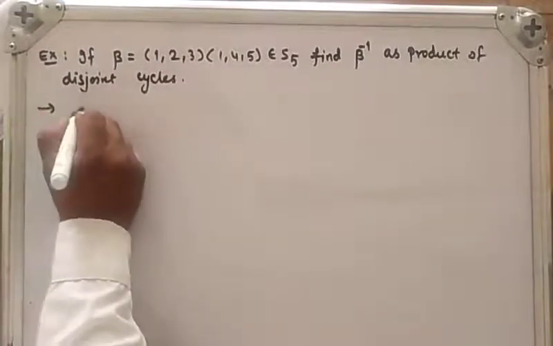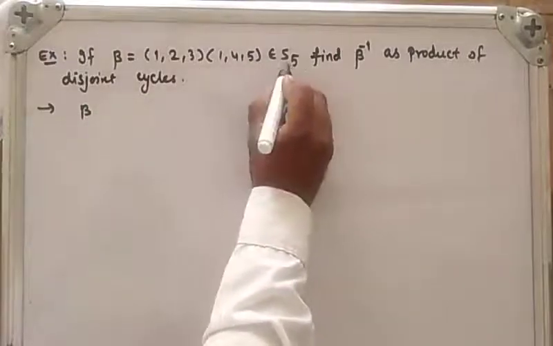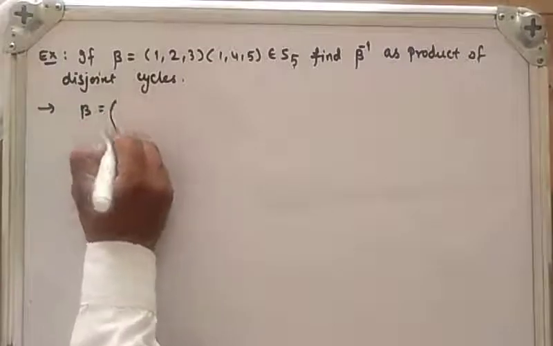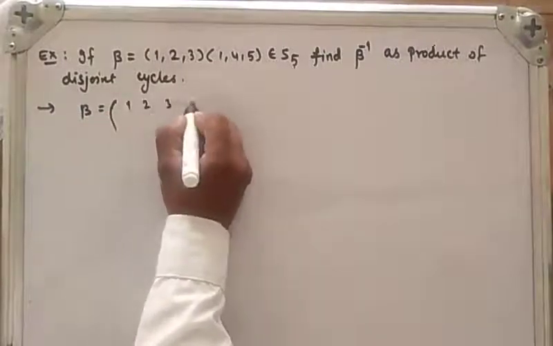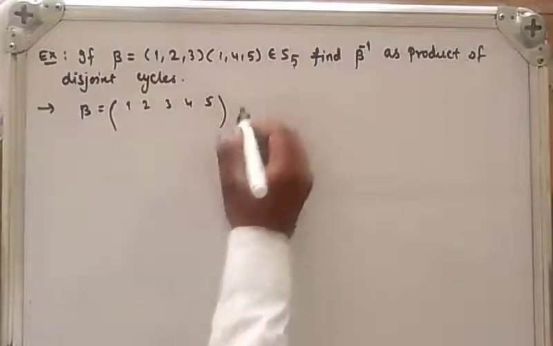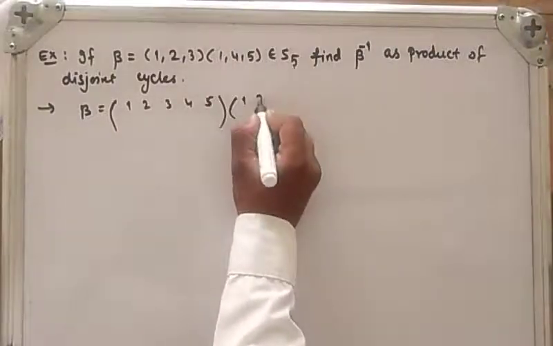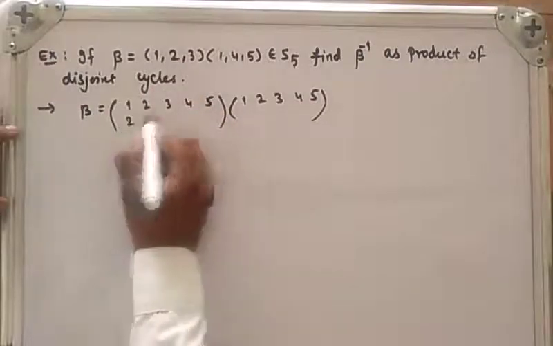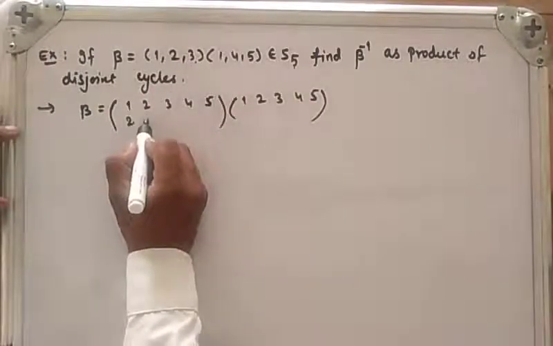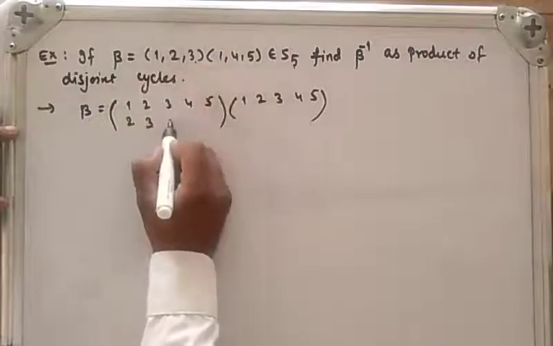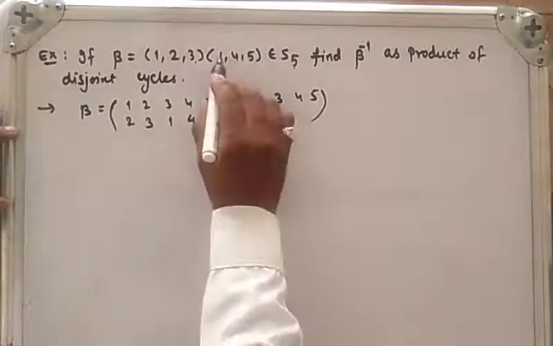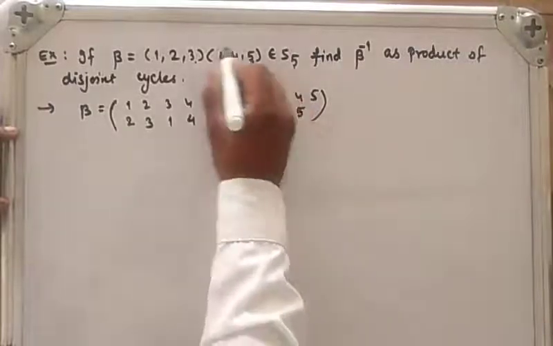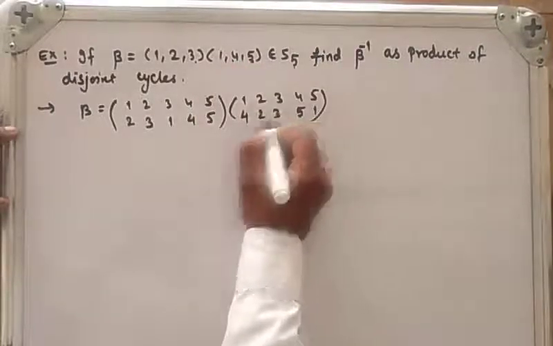Here we have a total of 5 symbols, so beta can be written as 1 2 3 4 5, again 1 2 3 4 5. In the first cycle, 1 goes to 2, 2 goes to 3, and 3 goes to 1, with 4 and 5 as they are. In the second cycle, 1 goes to 4, 4 goes to 5, and 5 goes to 1, so 2 and 3 are as they are.